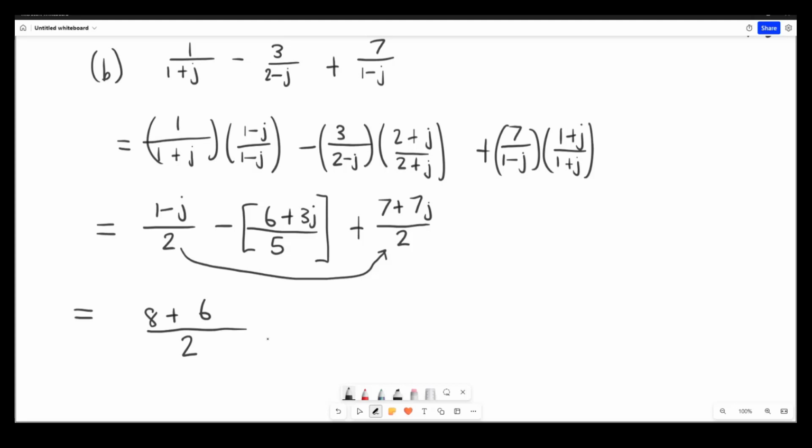And now I can deal with my minus here and multiply inside. Right? Multiply that minus by those things there. So I've got minus 6 over 5. And I've got minus 3 over 5j.